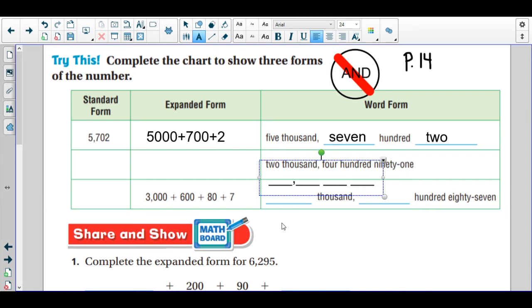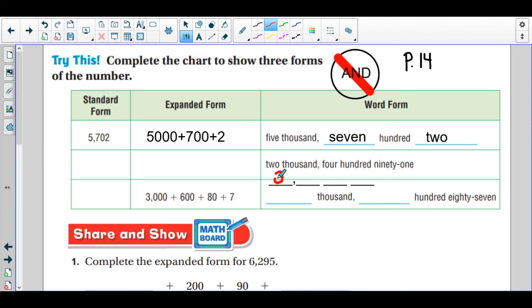And that's in the ones. So what does that look like? Well, 2,000. All right. 400. 91. All right.